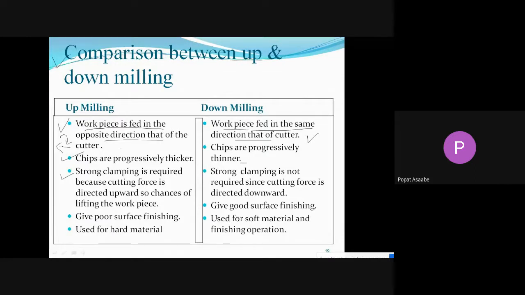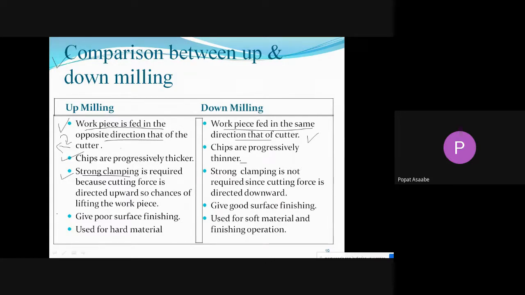But in down milling, strong clamping of the workpiece is not necessary because the cutting force is generated in the downward direction. It means in down milling, the cutter pushes the workpiece in the downward direction, so strong clamping is not necessary. But in up milling, your cutter will pick up the workpiece in the upward direction, so there may be a chance of lifting the workpiece, so it requires strong clamping.